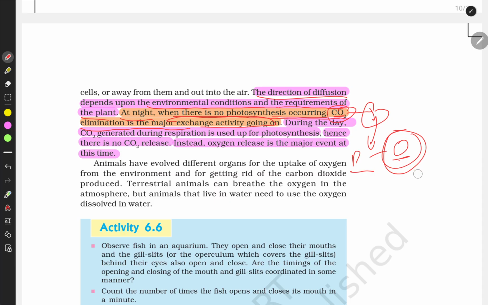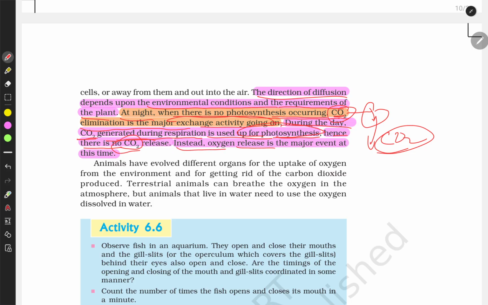At night, when there is no photosynthesis, only carbon dioxide comes out of the plants. During the day, CO2 generated during respiration is used up for photosynthesis. Hence, there is no CO2 release. Instead, oxygen is released as the major event at this time.